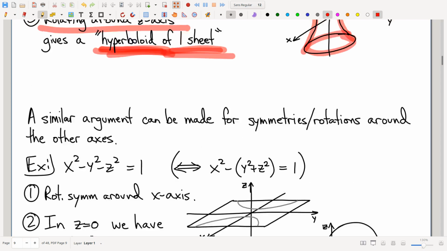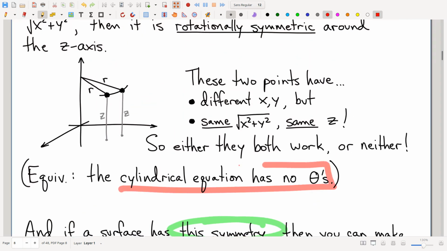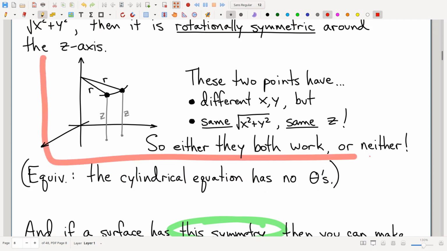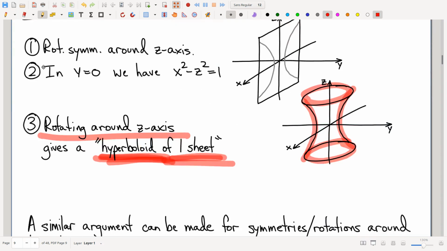The argument that we made back here about cylindrical equations doesn't work because the z-axis is special in cylindrical coordinates. But this argument here works totally analogously, and I think it's a nice exercise to persuade yourself that an appropriate adaptation of this argument gives a morally equivalent theorem.